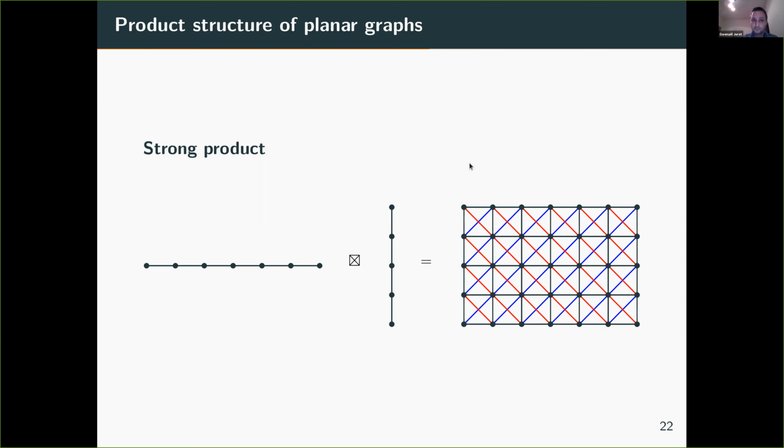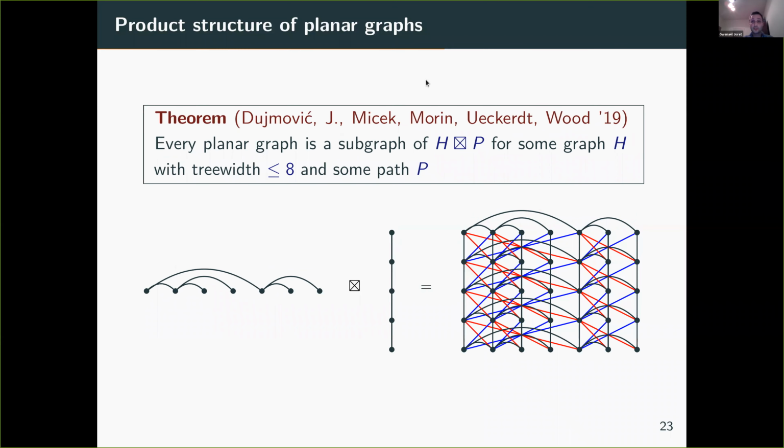So why are strong products relevant to this discussion? It's because with these co-authors, with Dujmović, Micek, Morin, Ukert, and Wood, last year we revisited the theorem of Pilipczuk and Siebert, and by tweaking the proof a little bit, we got the following statement: every planar graph can be realized as a subgraph of the strong product of two very simple graphs, a graph of bounded tree width, at most 8, and a path.